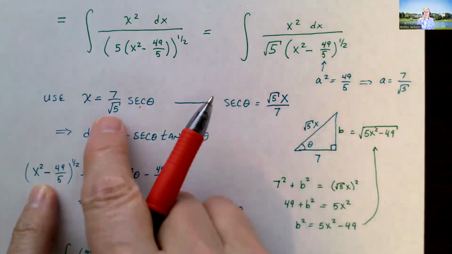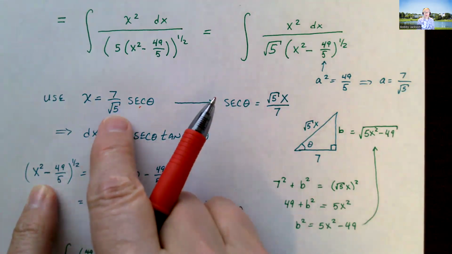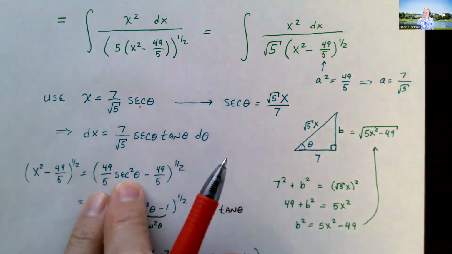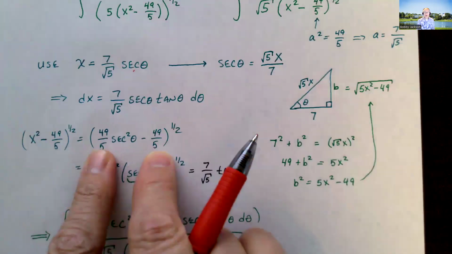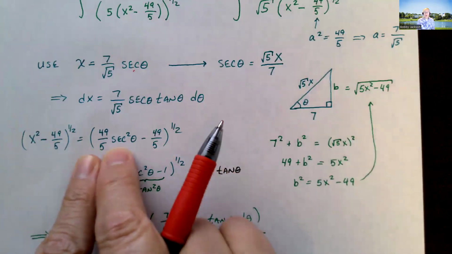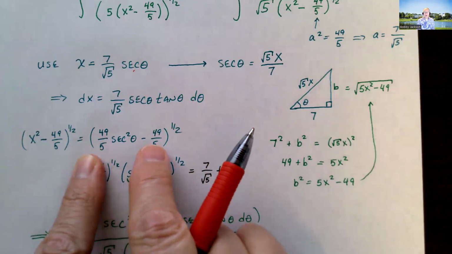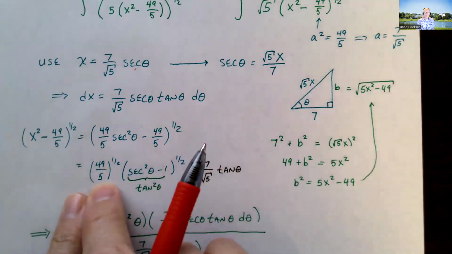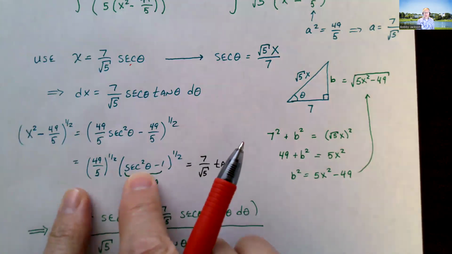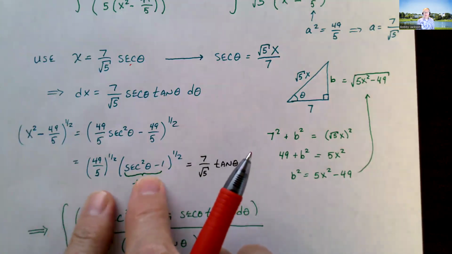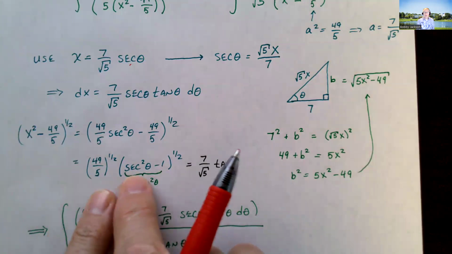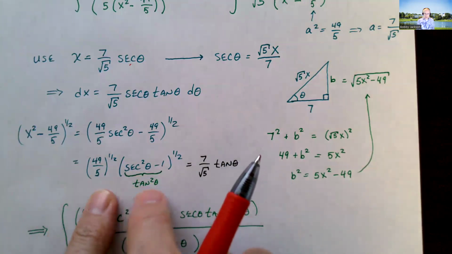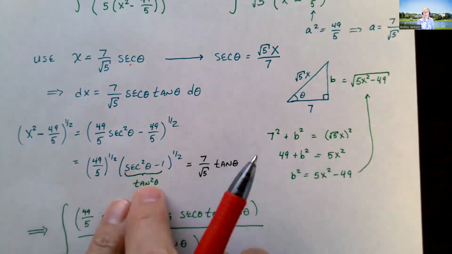Now x squared will be 49 fifths secant squared theta. I can factor that 49 fifths out, and I'll be left with secant squared theta minus 1. Then I can write 49 fifths to the 1/2 power times secant squared theta minus 1 to the 1/2 power. Secant squared theta minus 1 is tangent squared theta, and that's why we can use that substitution.